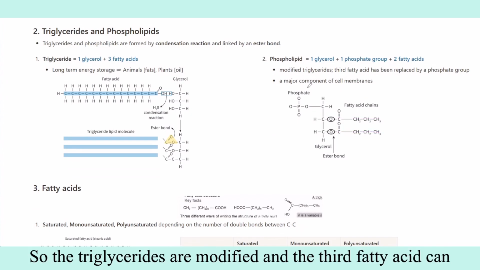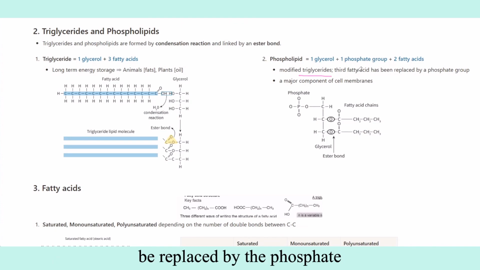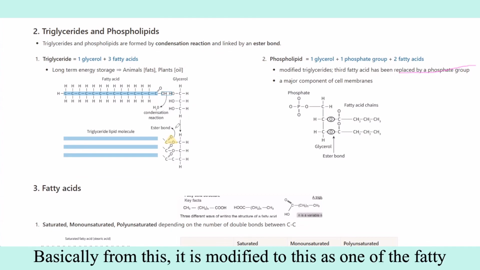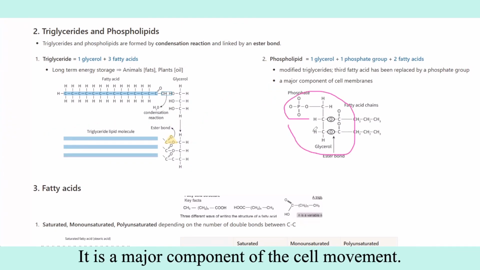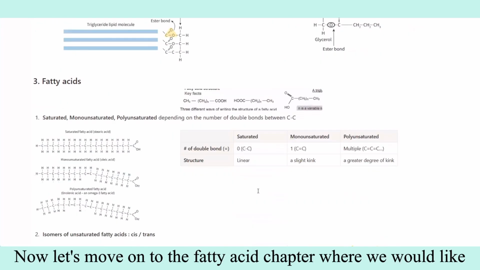So the triglycerides are modified, and the third fatty acid can be replaced by the phosphate group. So basically from this, it is modified to this, as one of the fatty acid tails is replaced with the phosphate group. It is a major component of the cell membranes.